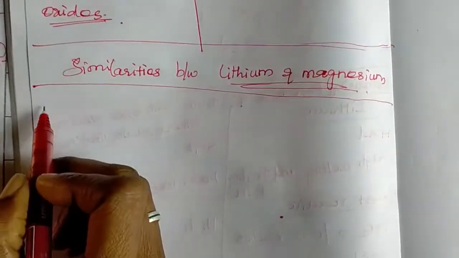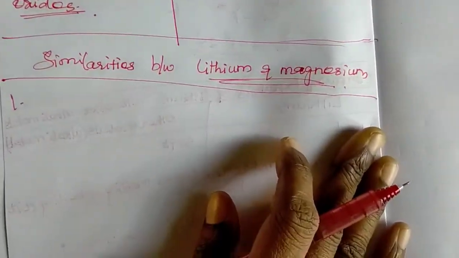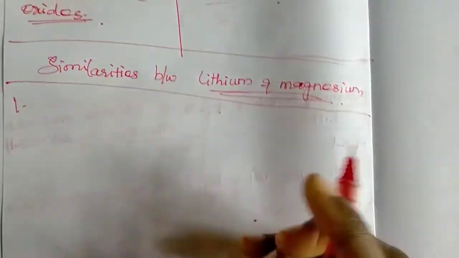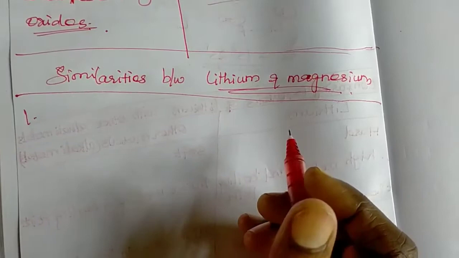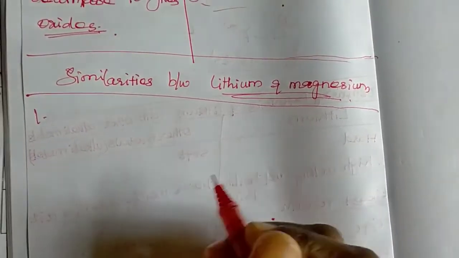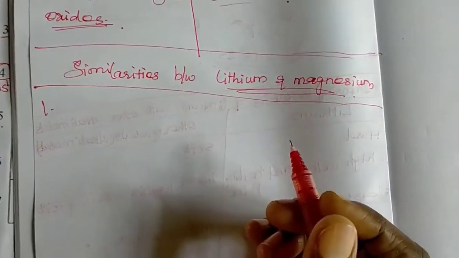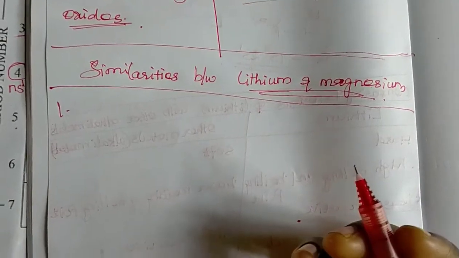Lithium is a hard metal. Like lithium, magnesium is also a hard metal compared with the other metals in their respective groups.